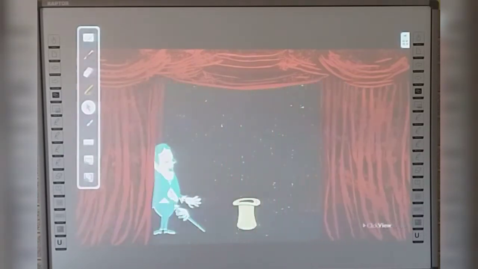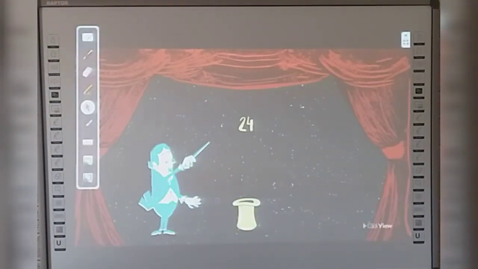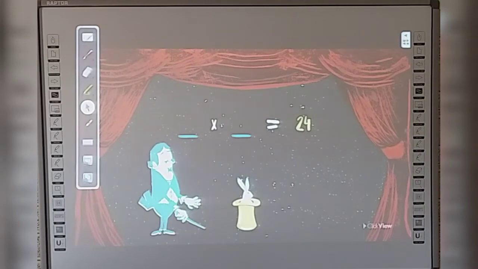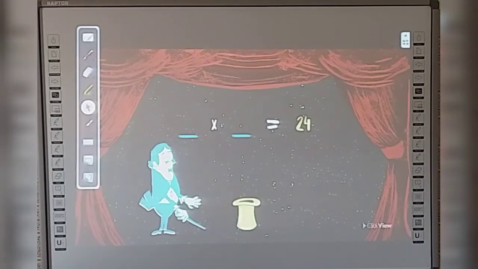If I asked, what are the factors of 24, I would be asking, what numbers can we multiply together to give us an answer of 24? So, what would you say? You might say 6 and 4, and you'd be correct, because 6 multiplied by 4 equals 24.